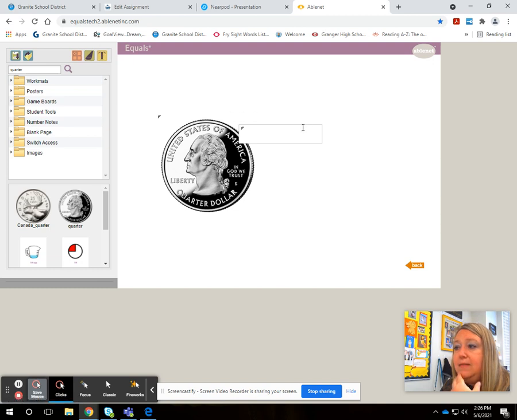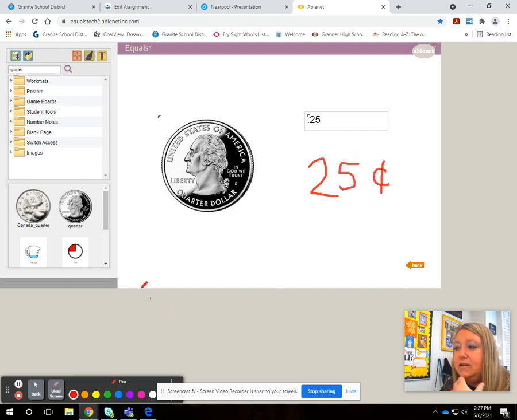So when I write this in a money amount, it's going to look like this: decimal point 25, 25 cents. The other way that I can write it is 25 with a cent sign. The important part is that you remember that it's 25. It's the biggest amount, 25.